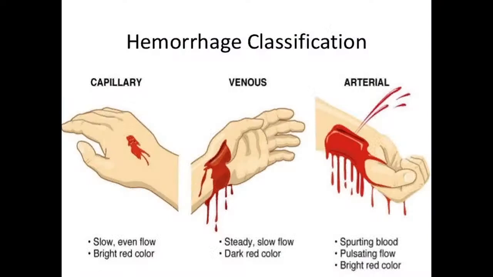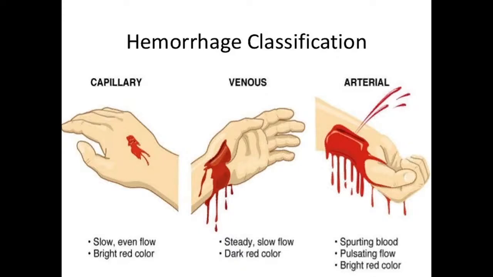Student, now I tell you about the anatomic classification of bleeding, and in this slide you can see the types of external bleeding. Now, first you can see the capillary bleeding. It's very common when the patient has a small injury.